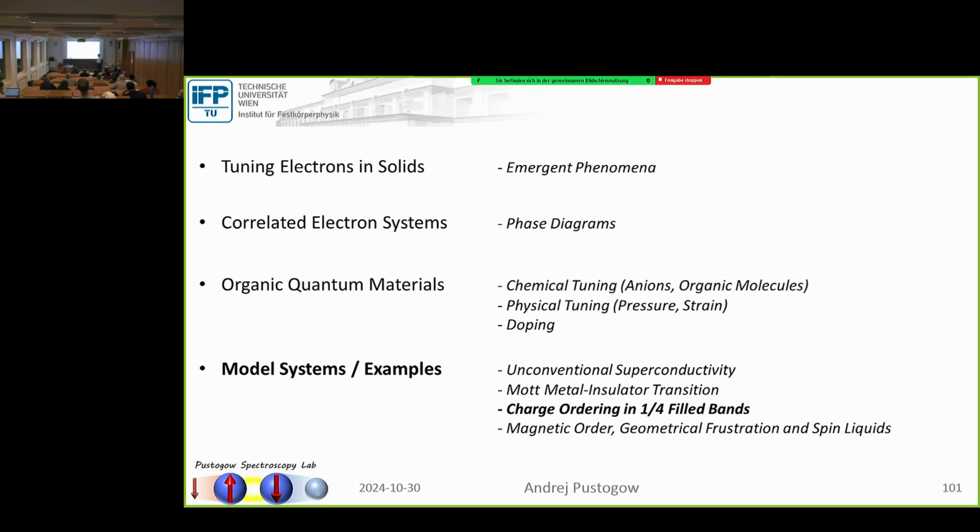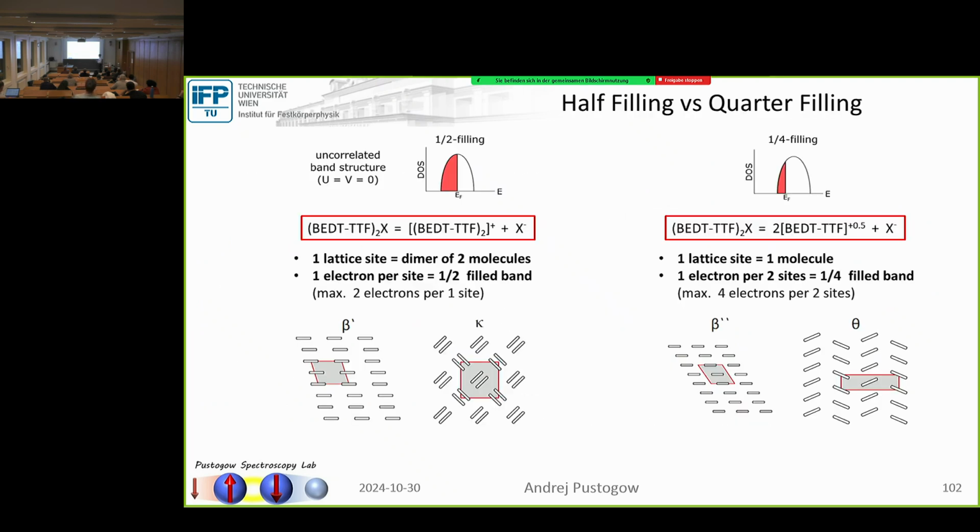Good. Let me quickly show the charge ordering in quarter-filled systems. What we saw so far is half filling. If we have one lattice site being a dimer of two molecules, like two molecules here can host one electron, this is a half-filled band.